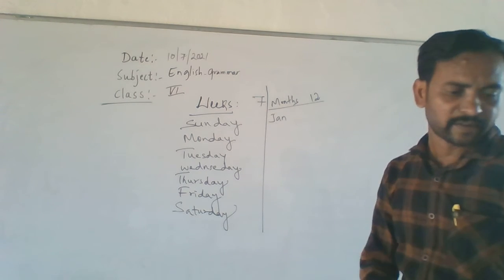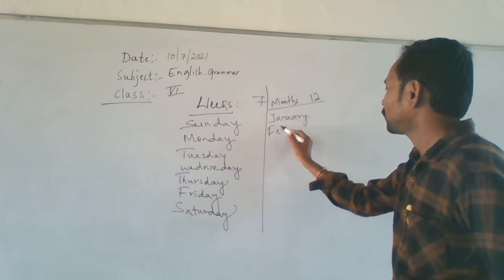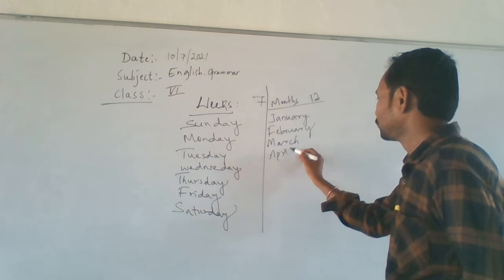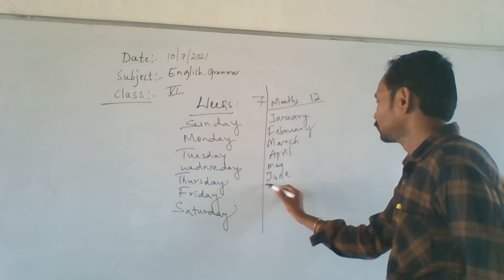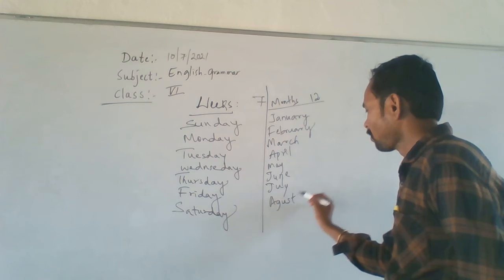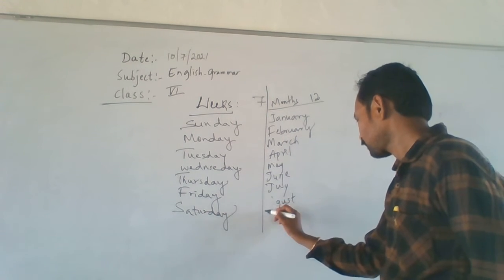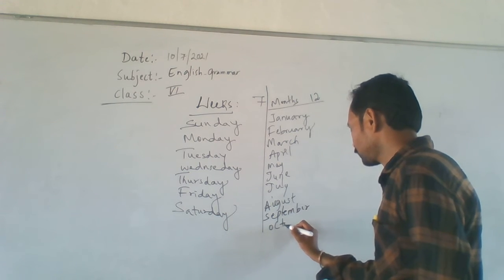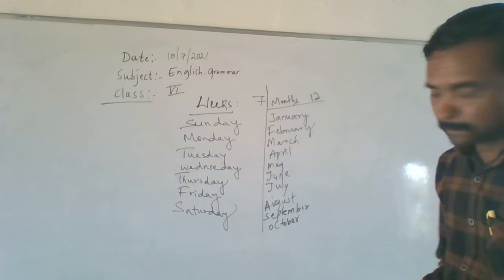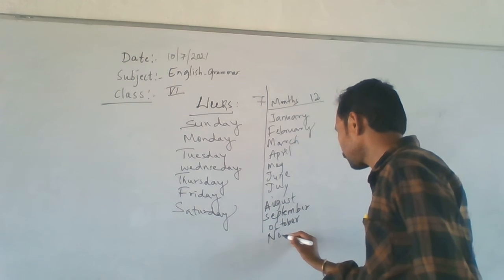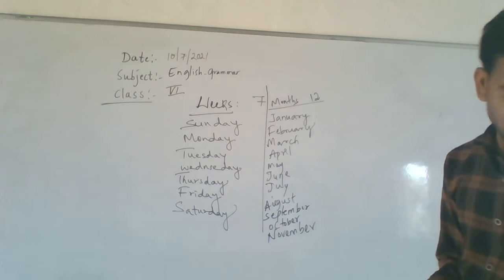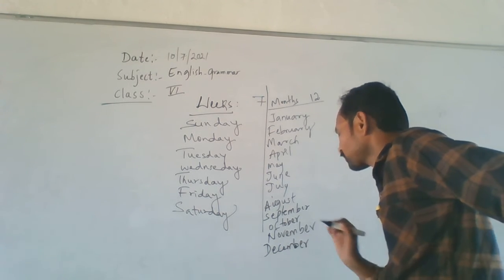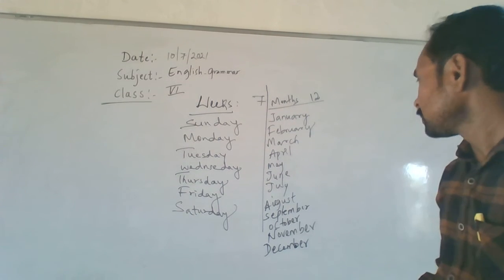First, January, February, March, April, May, June, July, August, September, October, November, and the last one is December. Total, these are the months.